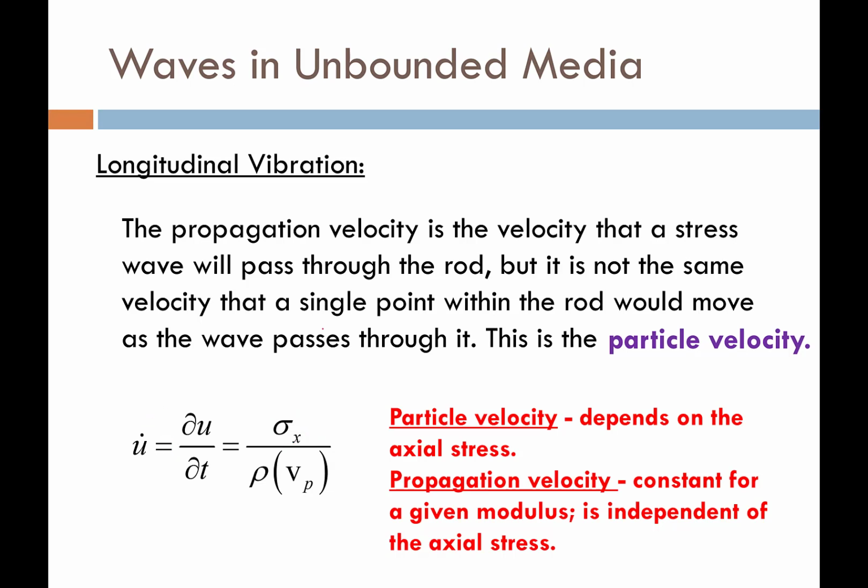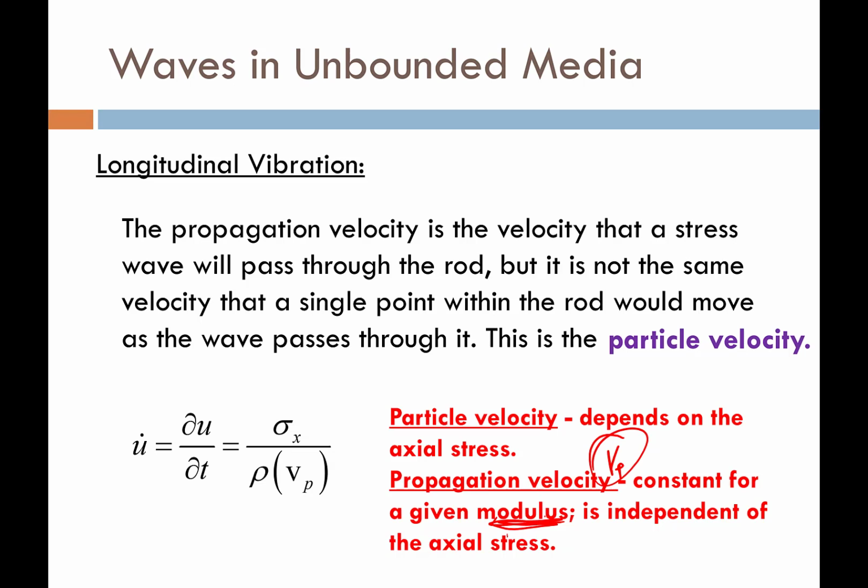However, the propagation velocity, this v sub p, that propagation velocity is simply a function of modulus and also of the mass density. And it's a function of nothing else. And so it doesn't matter what the stress in the rod is, that propagation velocity is going to travel through the rod at the exact same speed, the exact same velocity.